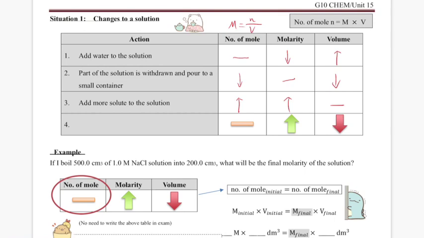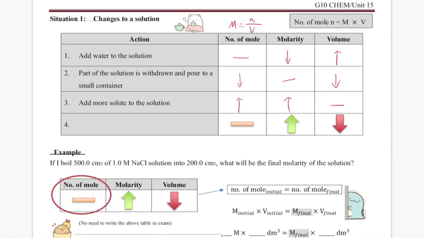And the fourth one, here it tells you the outcome and asks you to predict what action has been taken in order to make the total number of solutes stay the same, but the volume decrease. Because the total number of solute remained the same but the volume decreased, we should expect our molarity to increase.